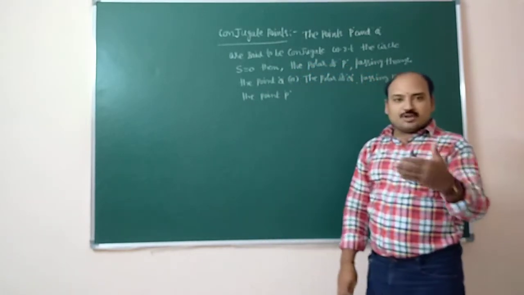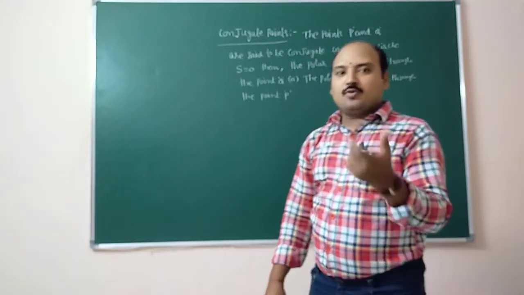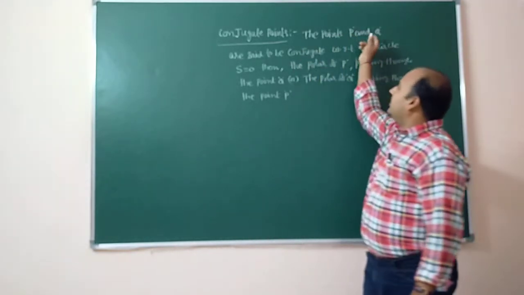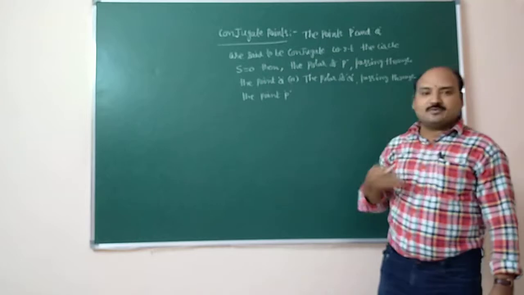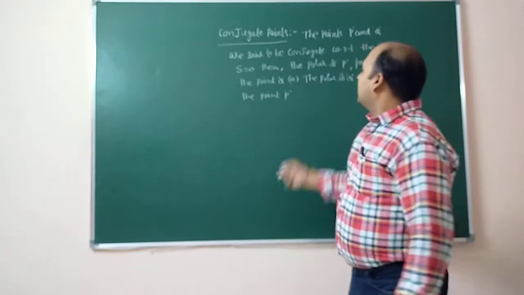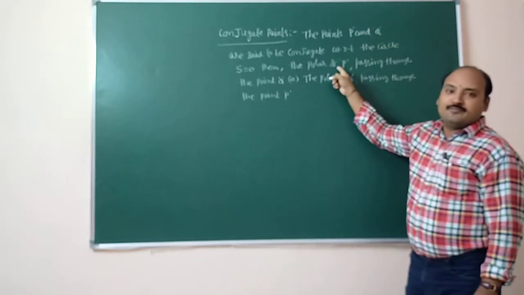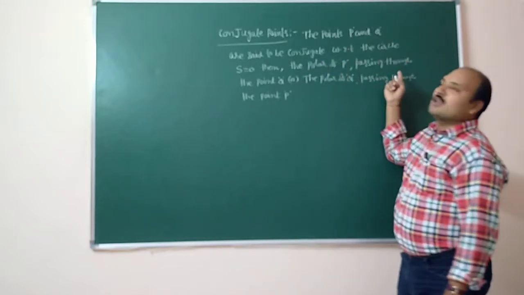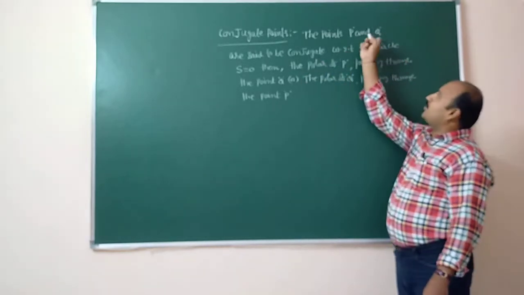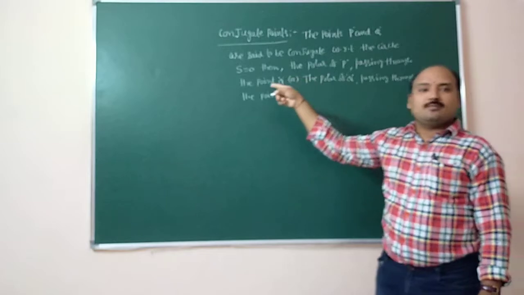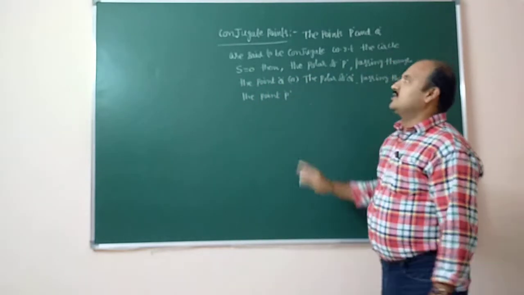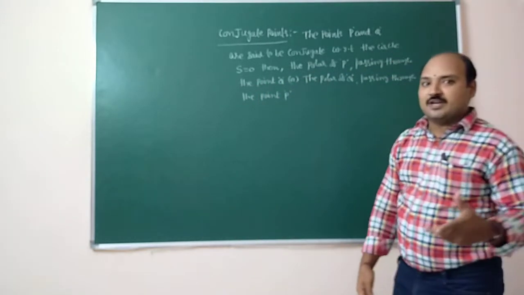That means, what are conjugate points? The points P and Q are said to be conjugate points with respect to the circle if the polar of one point passes through the other point. The polar of the other point passes through the point Q. According to this, how do we find the condition?